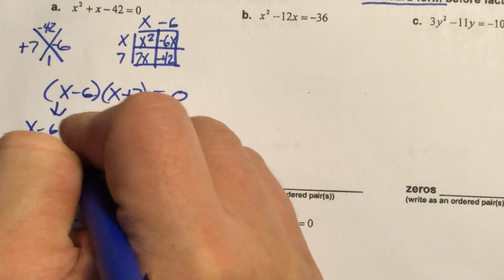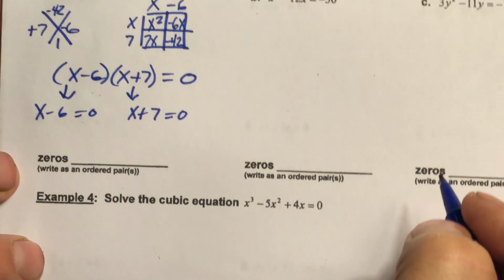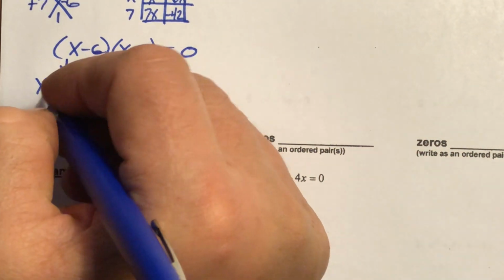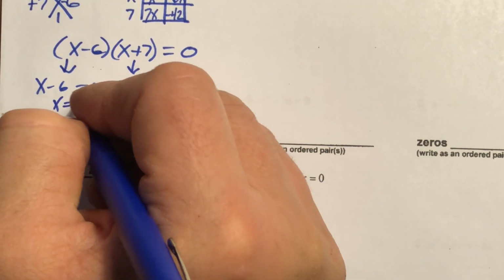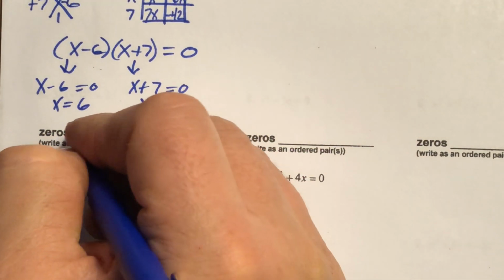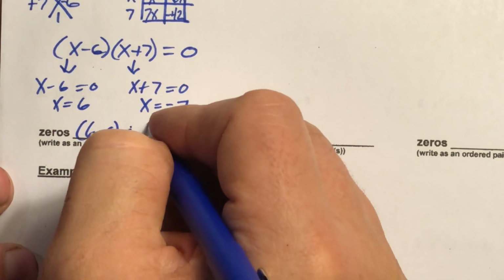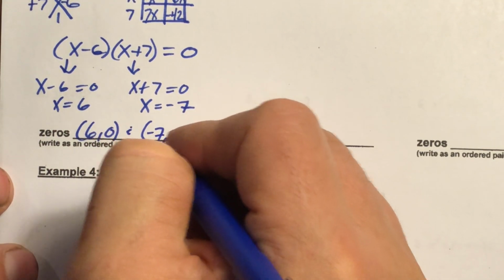X minus 6 equals 0. X plus 7 equals 0. Add 6 to both sides. And then subtract 7. There's my answers: 6 comma 0 and negative 7 comma 0.